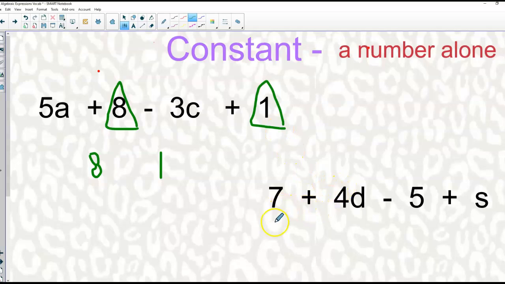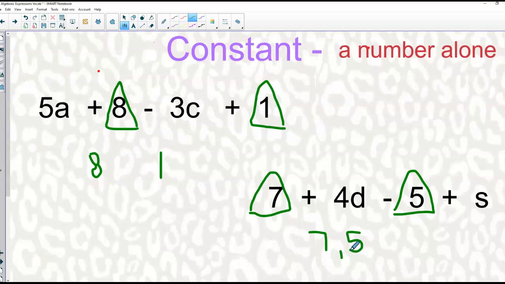If I go down to this one, I can say that 7 is by itself, so 7 would be a constant. 4 and D are attached, so it's not alone. And 5 is alone, so 5 would be a constant. S is not a constant because it's not a number. It has to be a number. So 7 and 5 here are our only constants.